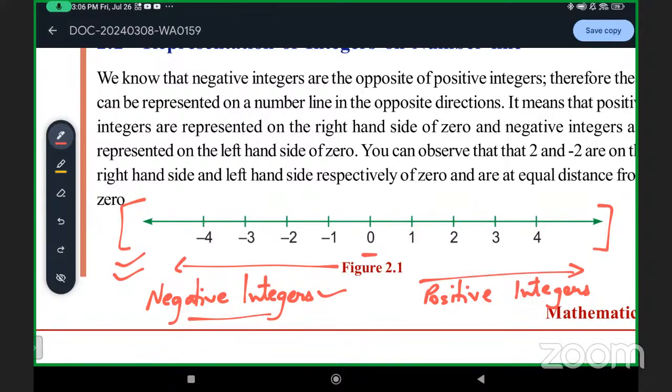So -1 will be greater. If I talk about, for example, -4 and -1, -1 will be greater in this case, because it is further right on the number line. So among negative integers, the bigger-looking number is actually the smaller one, and the smaller-looking one is the bigger one.